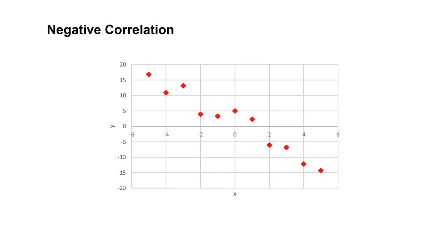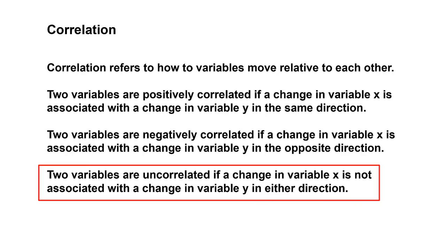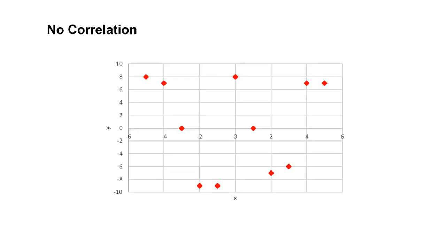These are important terms to know in statistics. And two variables are uncorrelated if a change in variable x is not associated with any change in variable y in either direction. Here, we see that if you increase x or decrease x, you really don't see a positive or negative correlation. So these are uncorrelated. There is no correlation here.